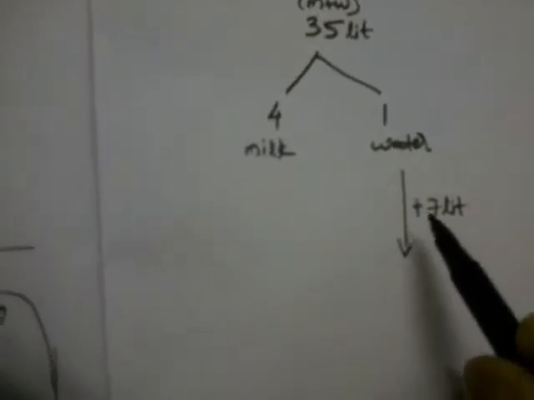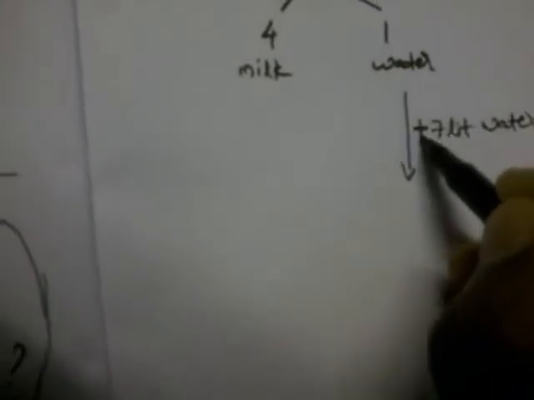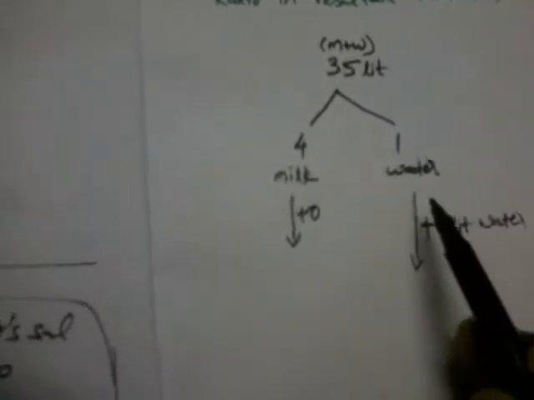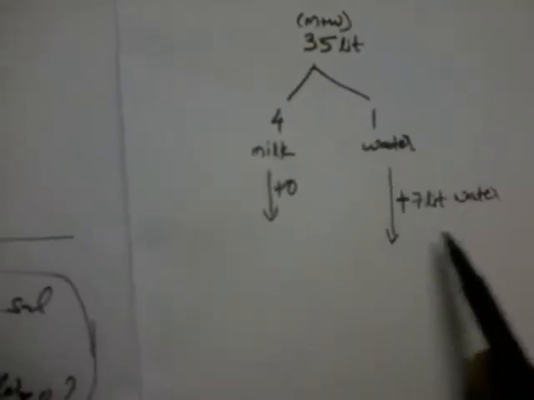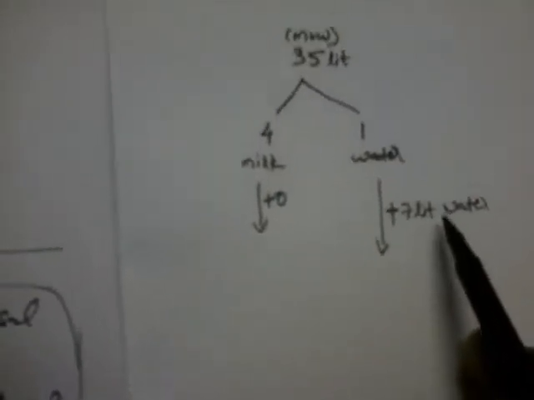We are going to add 7 liters of water to the given mixture, and nothing is going to be added for the milk, it is 0. After adding this amount of water, we are going to get some amount of water and some amount of milk, and we have to find the resultant ratio.